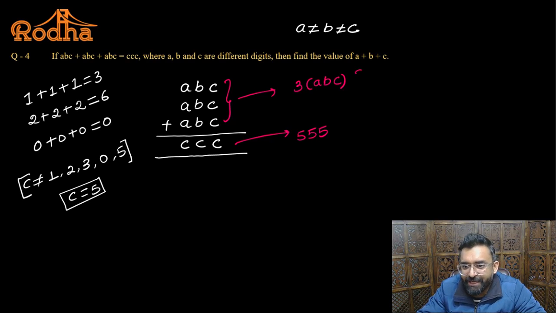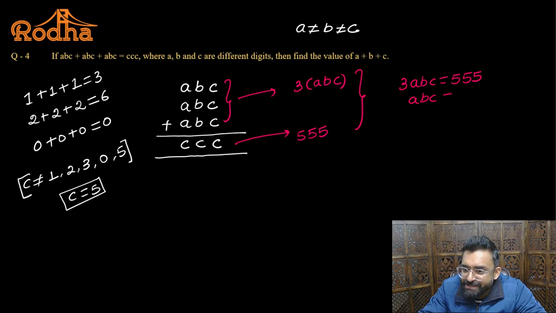And now 3 times of ABC is equal to 555. What is the value of ABC? That is 555 divided by 3. So if I divide it by 3, it's going to be 185. So the value of ABC, which is a 3-digit number, is 185.